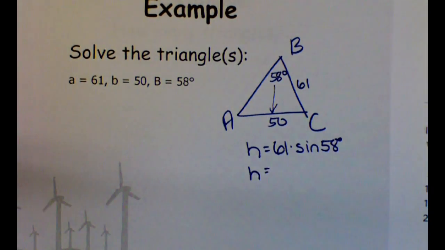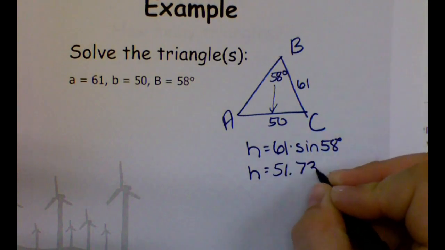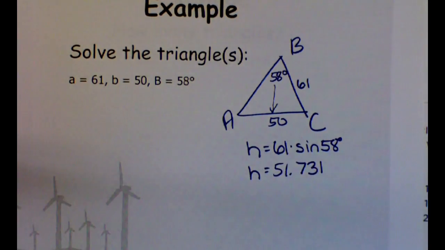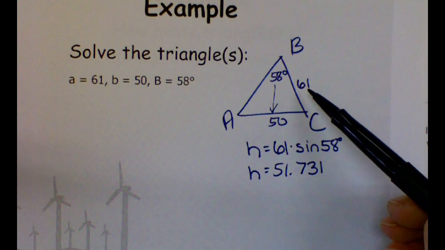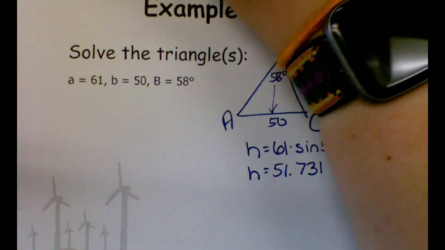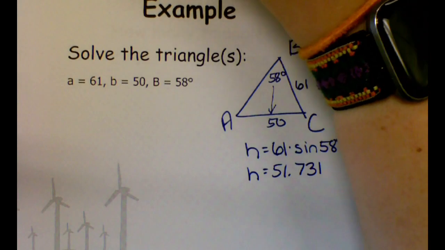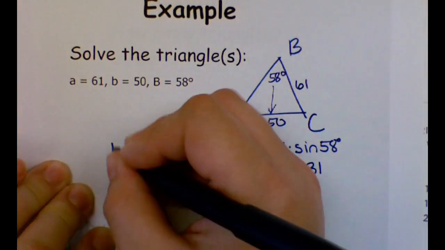So in this case, H is approximately 51.731. Now, according to my rules, if H is bigger than the side I was given, which is across from the angle, then there is no triangle.